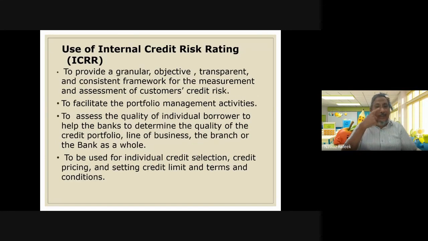The usage of this internal credit rating is, first, to provide a granular, objective, transparent and consistent framework for the measurement and assessment of customers' credit risk.